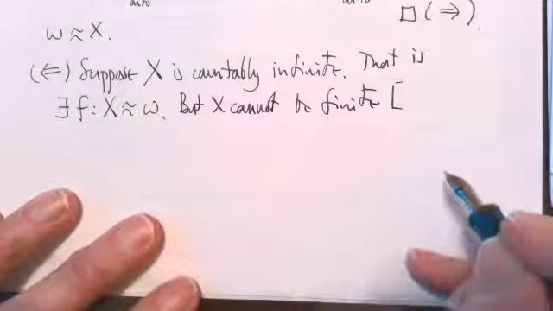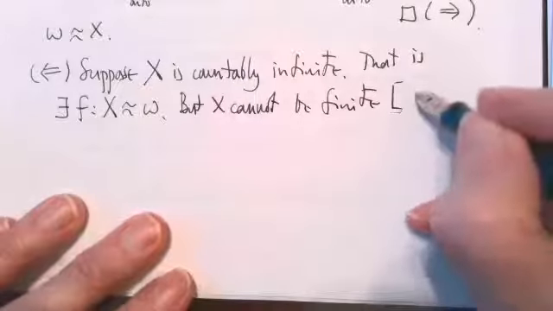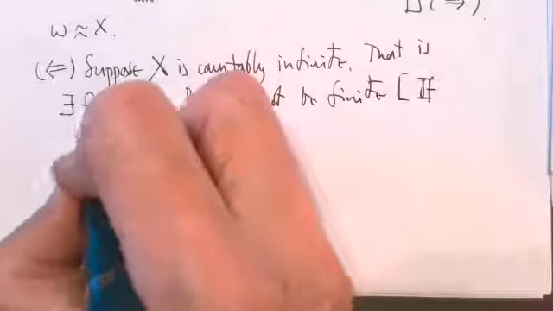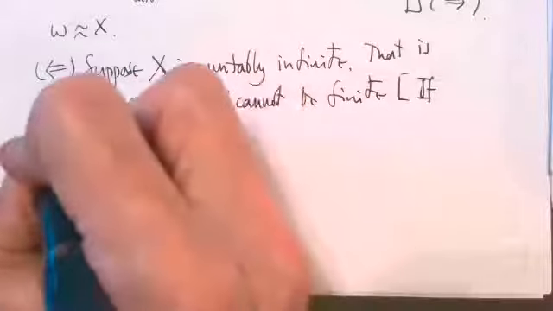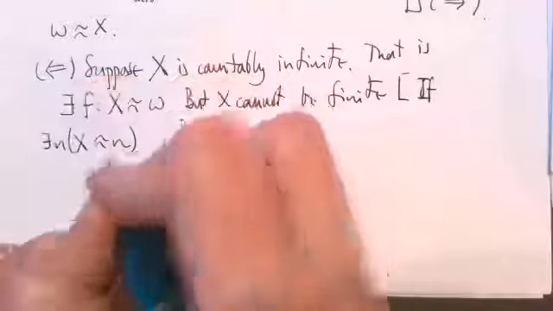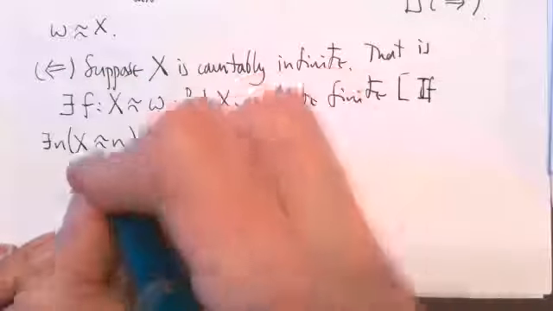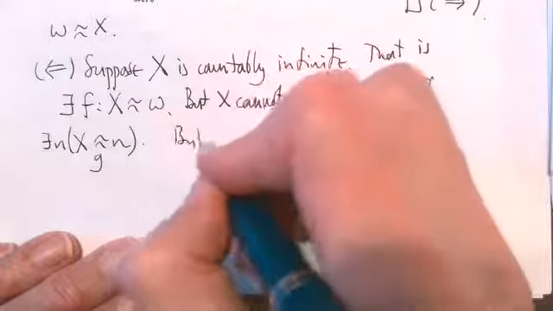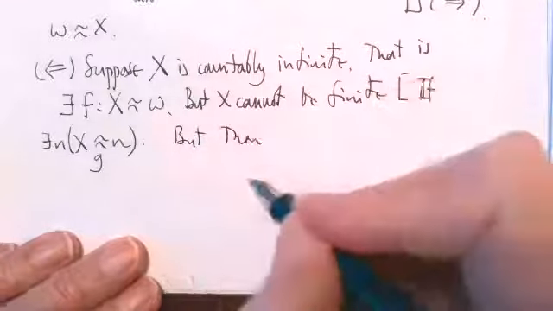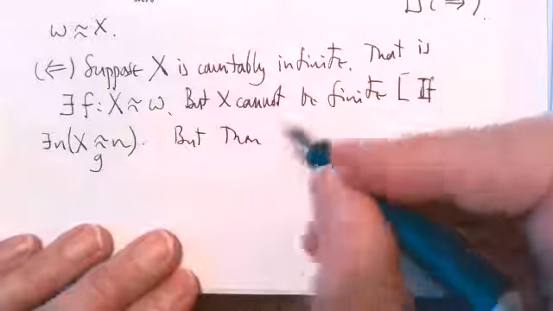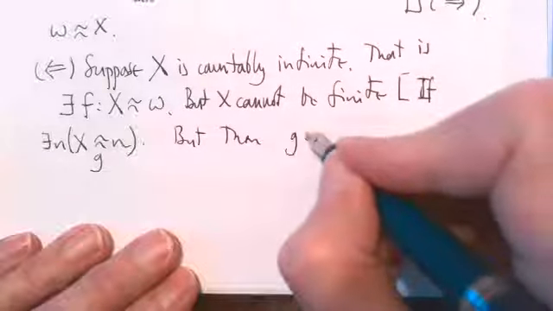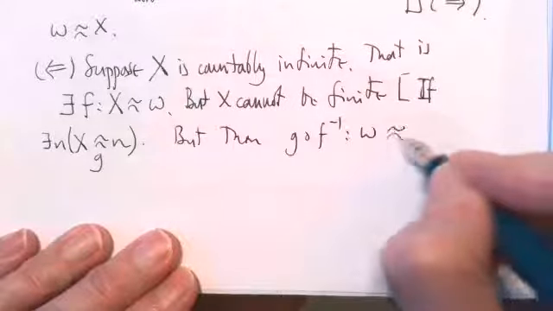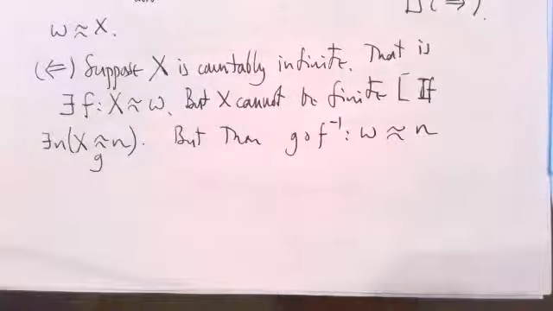You don't have to say this bit, but I think you could say if X were finite, it would be bijective with some n by using some map G. But then I could do G composed with f to the minus 1, and that would take omega bijectively with a natural number.